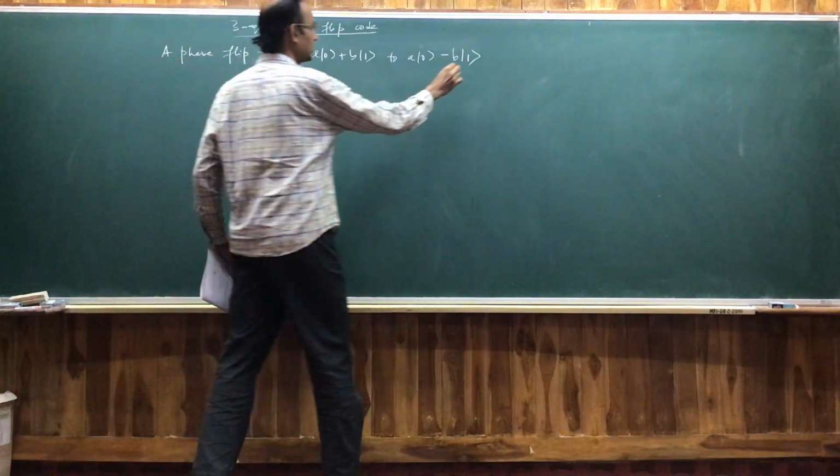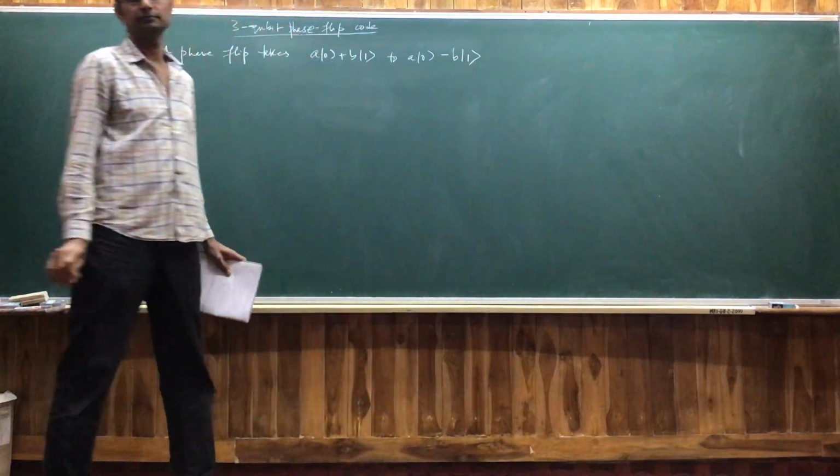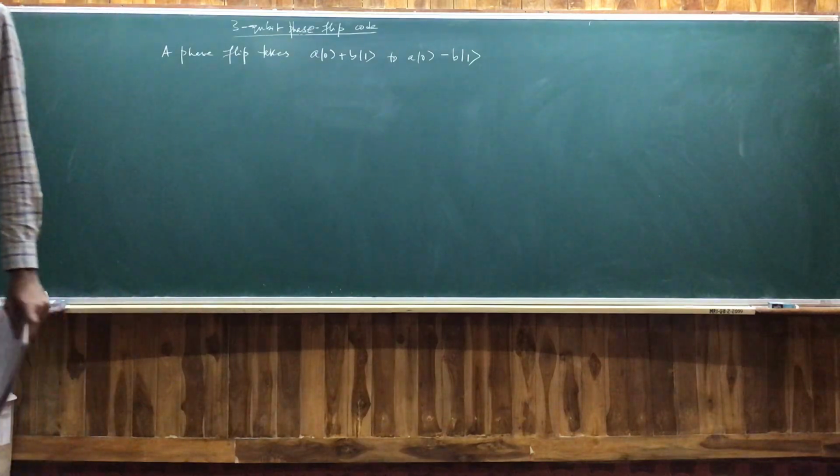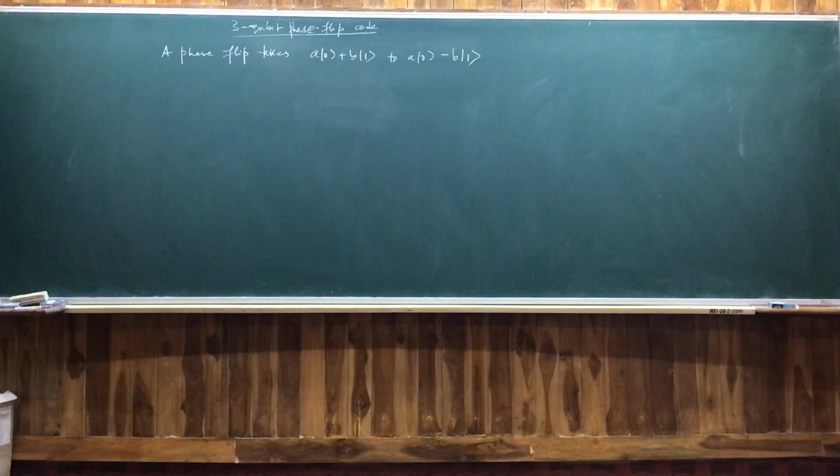This is the phase flip error. So we'll try to see whether we can handle this error. The bit flip error is no more there. This is a different type of error. Again, this is a very concocted case. It is a non-realistic scenario. In a realistic situation, you will have a mixture of all this. We'll come to that later.